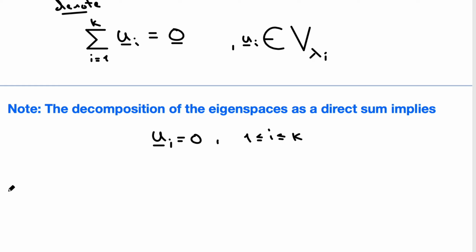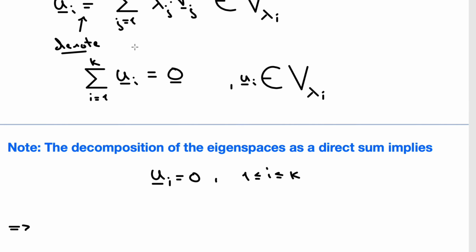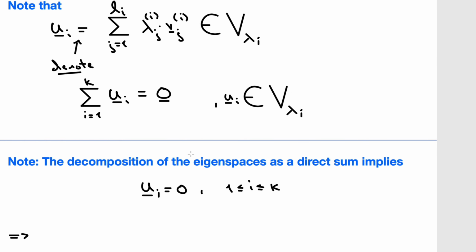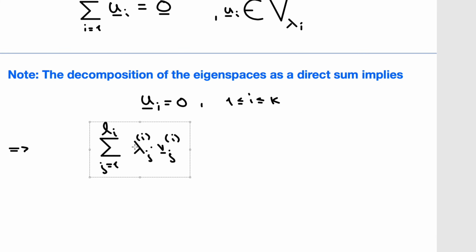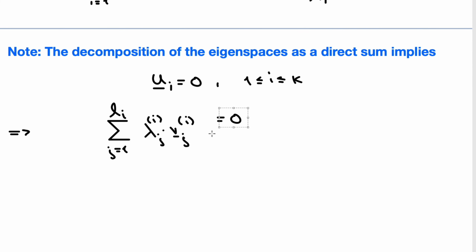But what does this mean? Well, what is ui? Let's go back. ui is just a direct sum over here. Again, we have i going from 1 to k. You can just think of i as constant for a moment. But these are vectors in the ith basis, right?